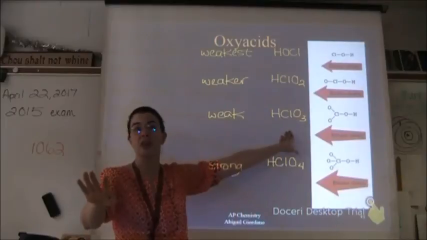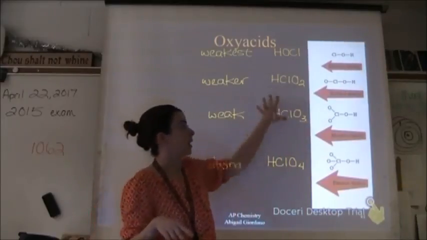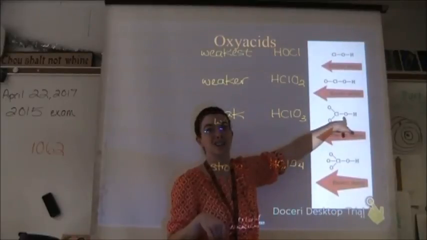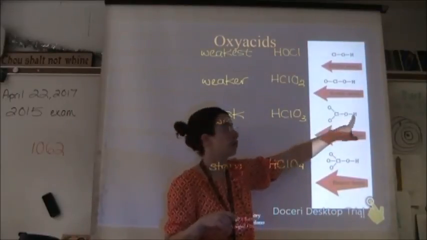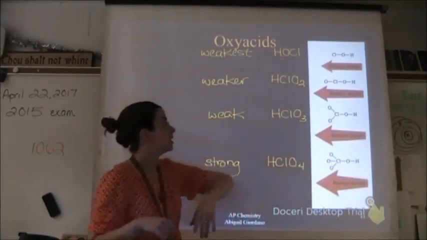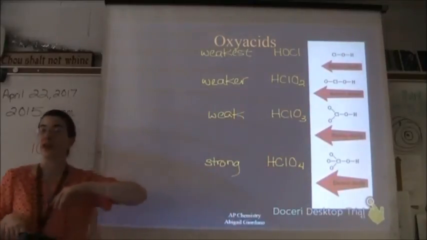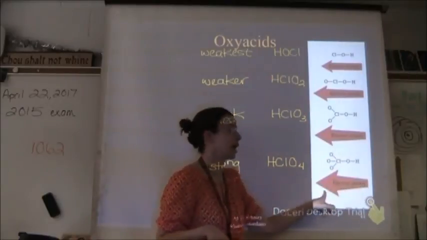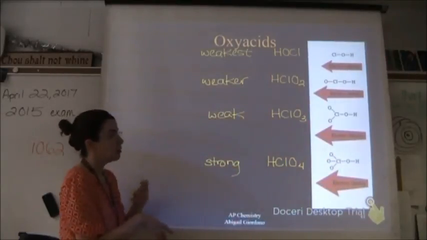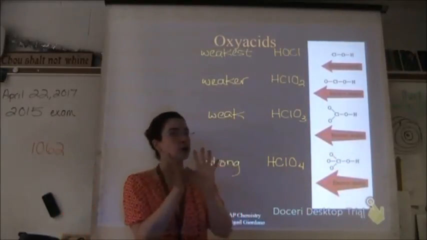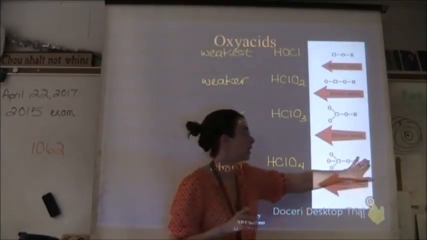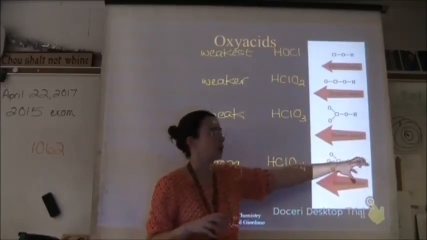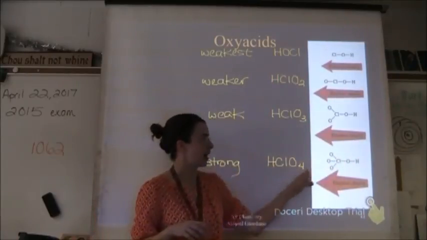It's important that you know that in oxyacids, hydrogen is joined to the oxygen. Okay? It's important that you know that. Oxygen is very electronegative. The more oxygens there are, look at these red arrows. It means we're not talking about just one bond now. We're talking about an entire molecule pulling the electrons all to this left side.